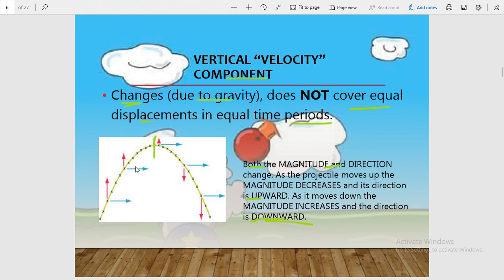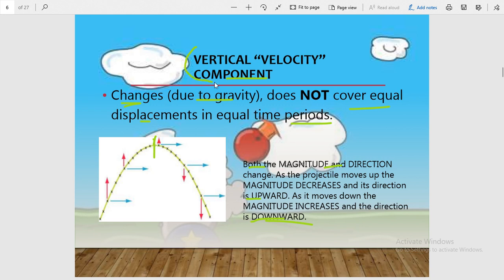You can see in this picture also that the vertical velocity component is continuously decreasing when the projectile is moving upward, and it is increasing in the same ratio when it is moving downward. At the highest point this component is 0. This is a very important point for projectile motion.